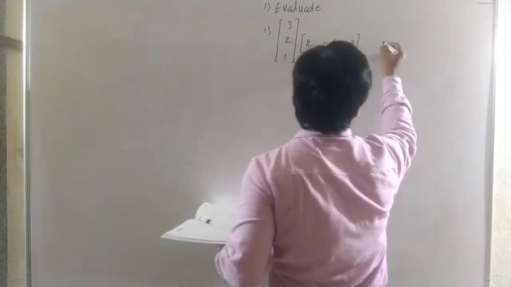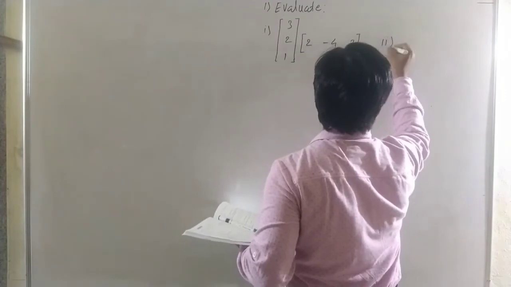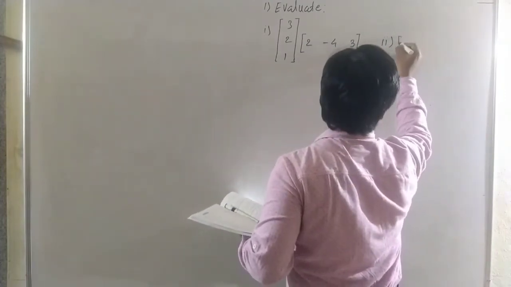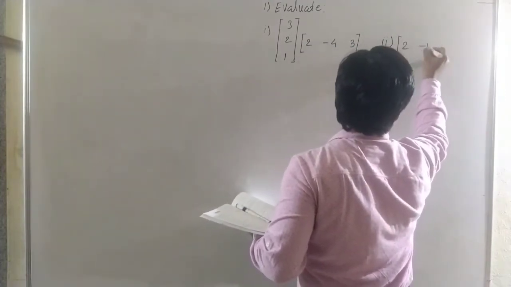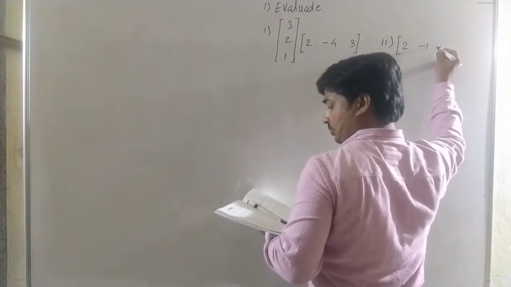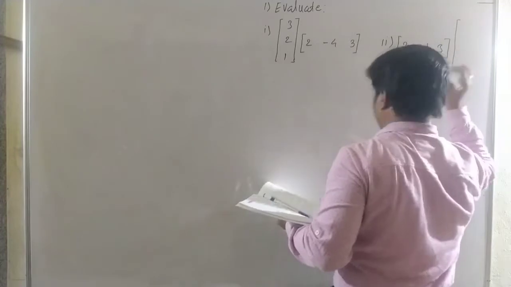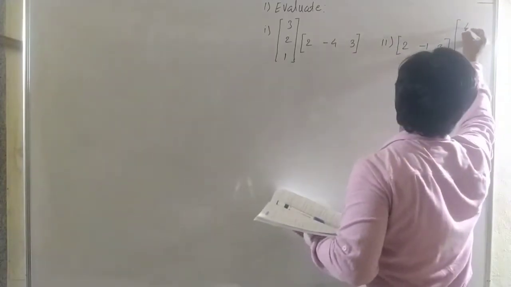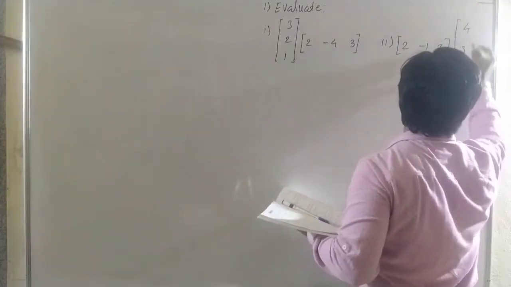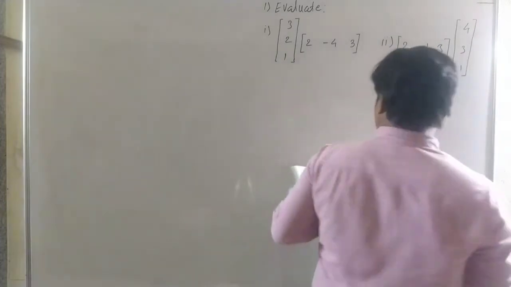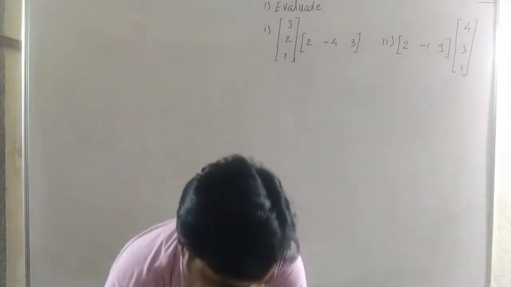And the second example is [2, -1, 3] into [4, 3, 1]. Now we solve the examples one by one.